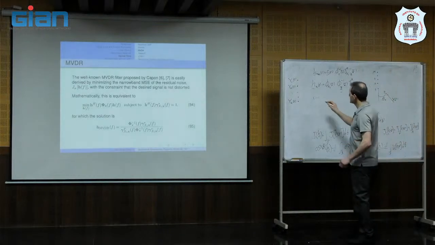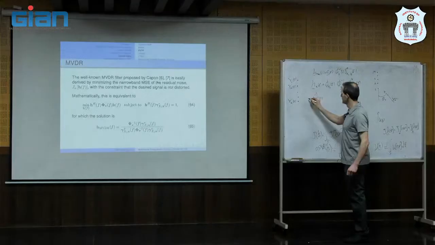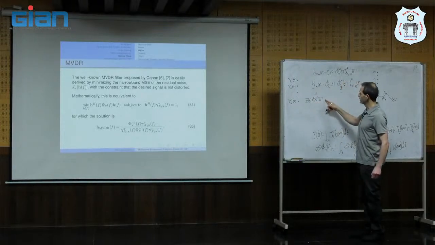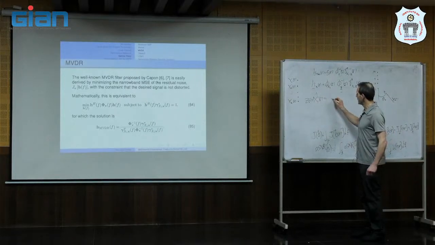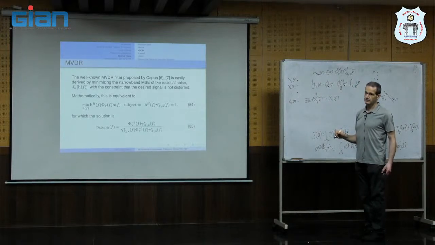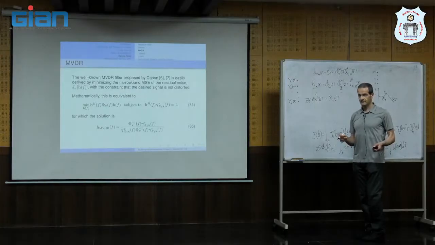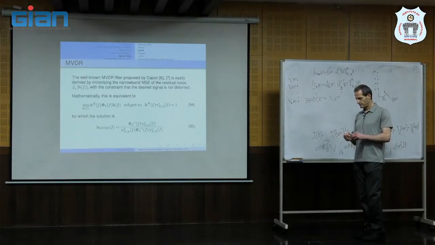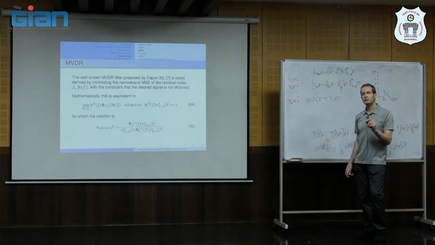That for all frequencies, I estimate the desired signal component, so I have no distortion, which means that it equals x1f for all frequencies. So I don't have any broadband signal distortion. Another question. If the distortion is small for each frequency.